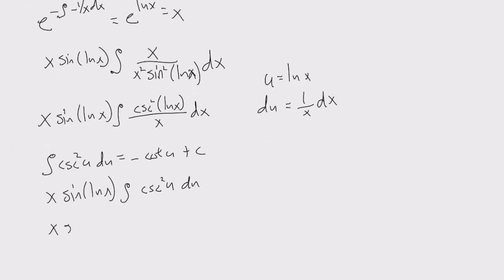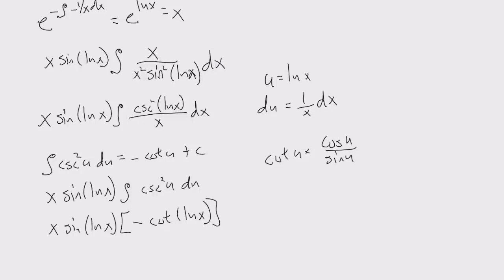So x sine ln of x times negative cotangent of ln of x, and cotangent u is, yes, it's 1 over tangent u, but normally tangent is sine over cosine, so this one would be cosine u over sine u.